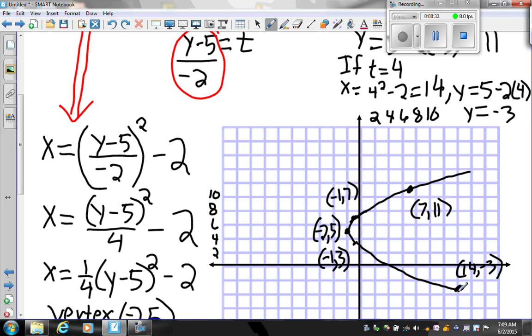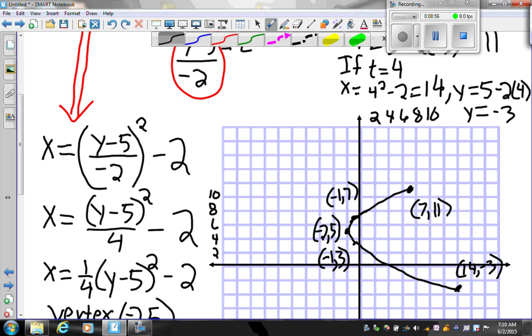Like that. And actually, since our t ranges from negative 3 to 4, we know that our graph stops at the point 7, 11, and it stops at the point 14, negative 3. The 7, 11 point is where t is equal to negative 3.